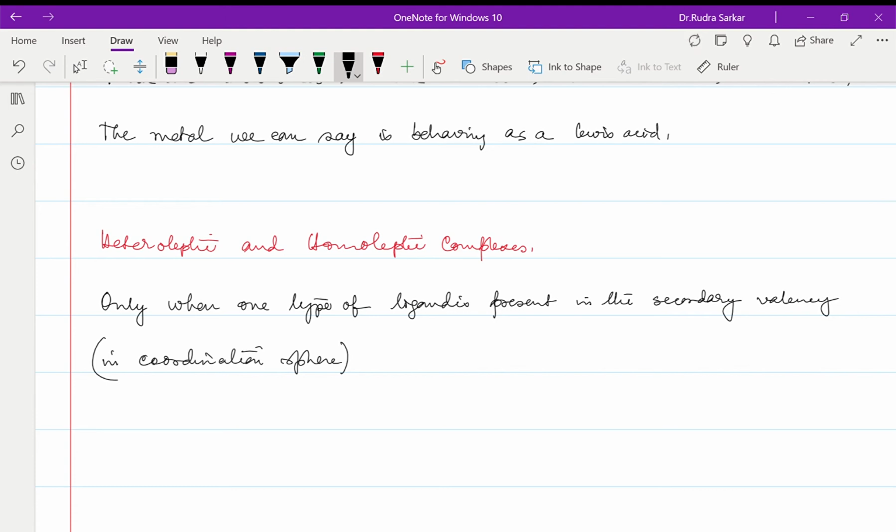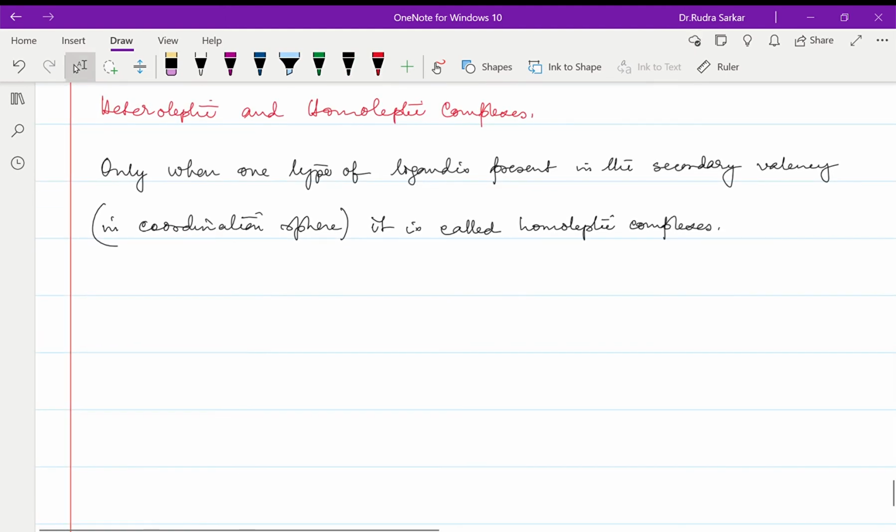So only when one type of ligand is present in the secondary valency, that is in the coordination sphere, it is called homoleptic complexes. Okay, understood?